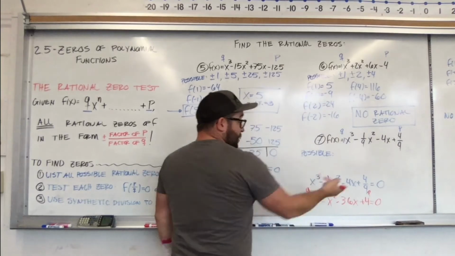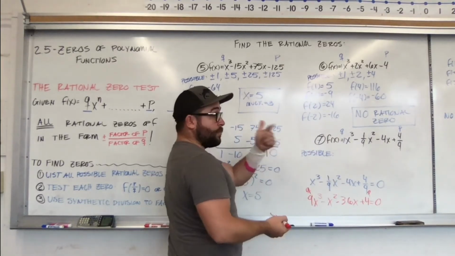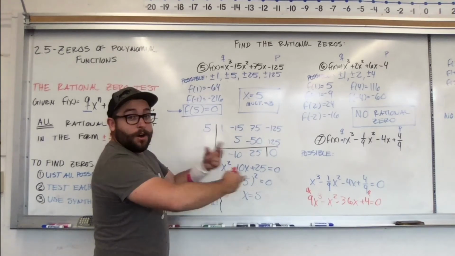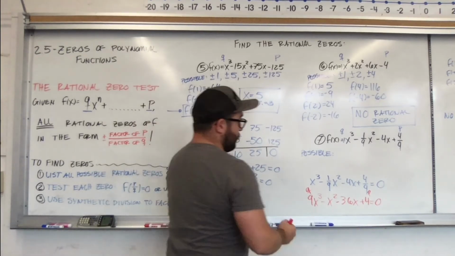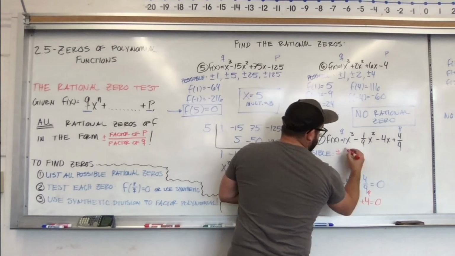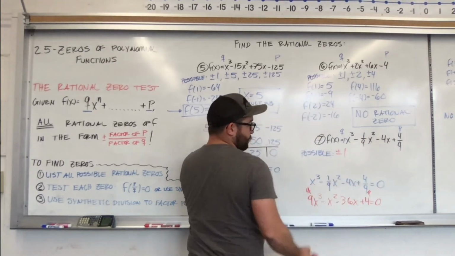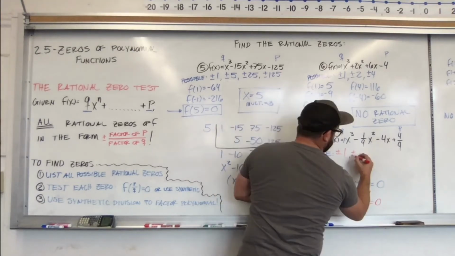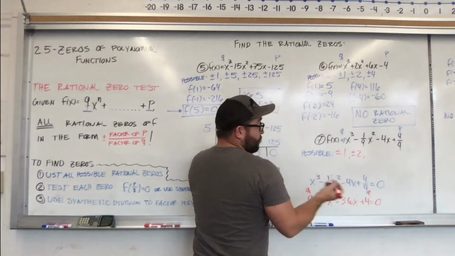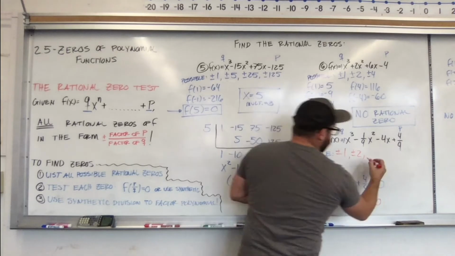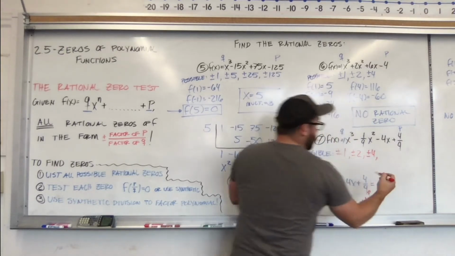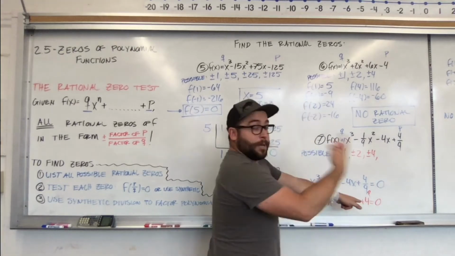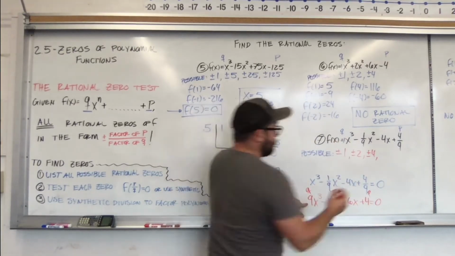So if that's the case, factors of 4: 1, 2, and 4. Factors of 9: 1, 3, 9. And we need all of those combinations to come together. So we get plus or minus 1/1, which is 1. Plus or minus 2/1, which is 2. Plus or minus 4/1, which is 4. Now we get the weird mixes in. Well, plus or minus 1, we start back at the beginning, over 3.